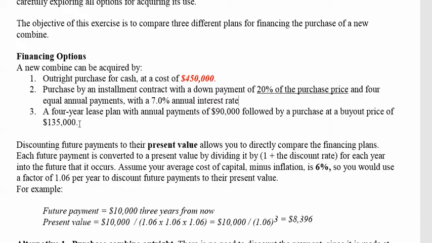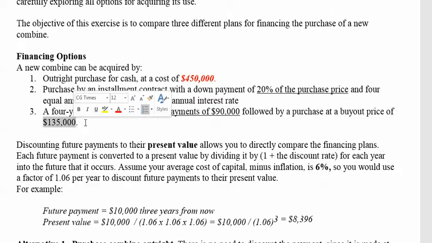The third option is a 4-year lease plan with annual payments of $90,000 followed by a purchase buyout price of $135,000. So we're going to have 4 annual payments of $90,000 on option 3 and a buyout price of $135,000.